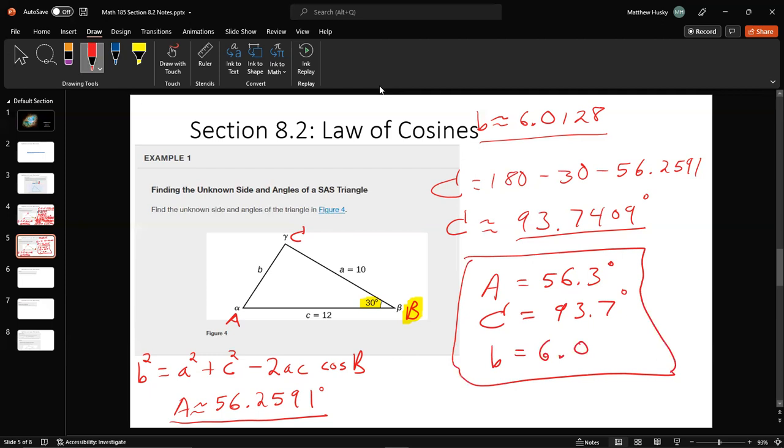So with the law of cosines, you can use it in one of 2 ways. You can use 2 sides and an angle to solve for a side that you do not know. If you're trying to solve for an angle, that's a little more involved. It involves a lot more algebra, and you need to use the cosine inverse function, which we have seen before. And that will then let you find another one of the angles.